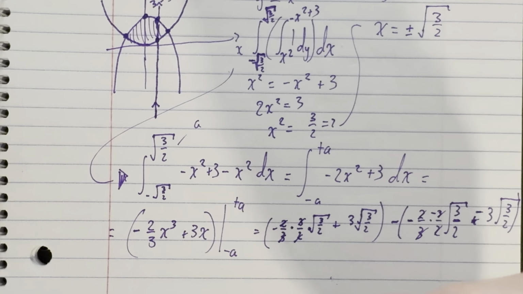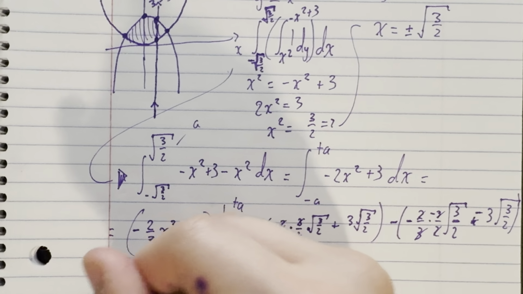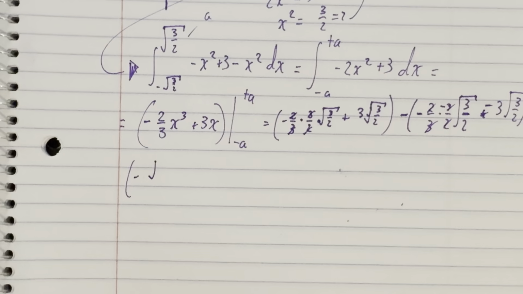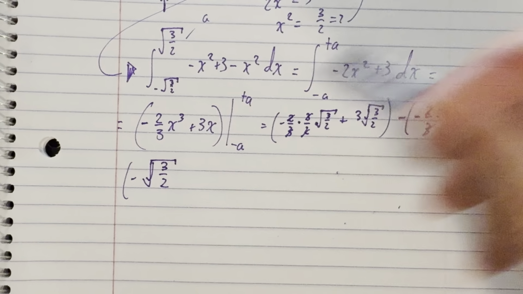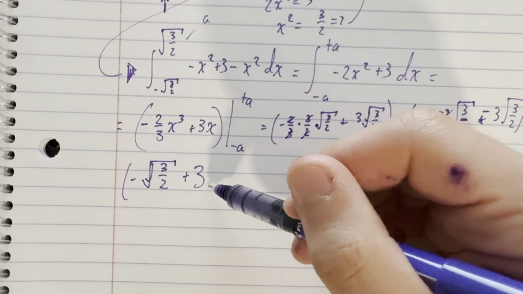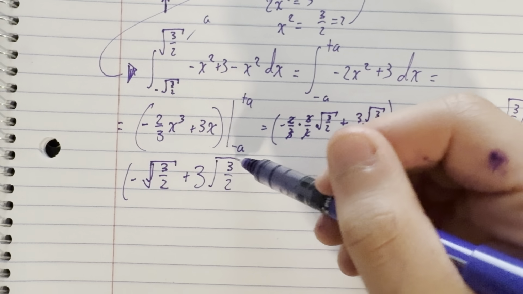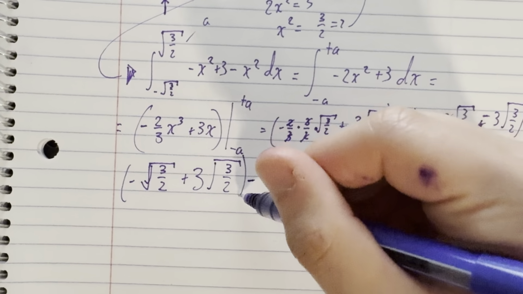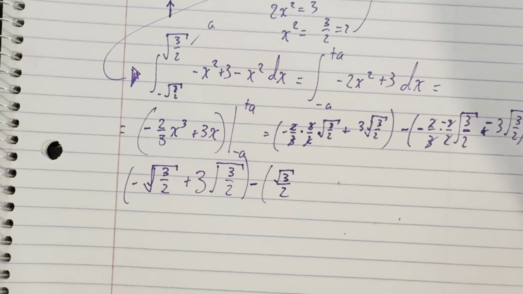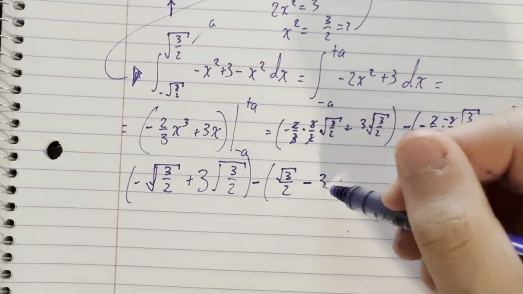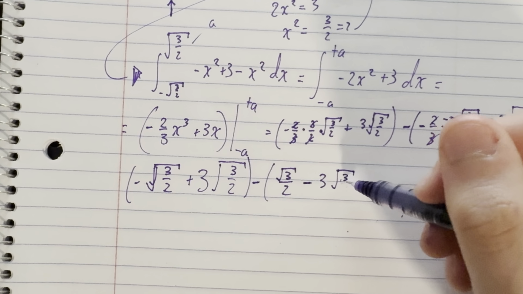So you're gonna get negative root 3 over 2 plus 3 times root 3 over 2 minus positive root 3 over 2 minus 3 root 3 over 2.